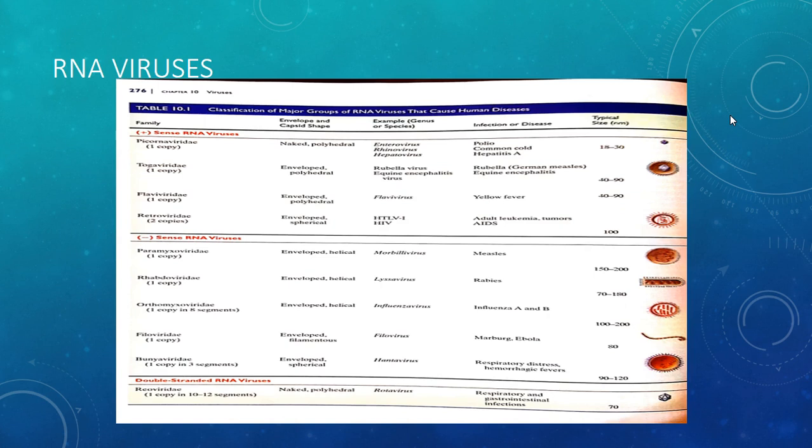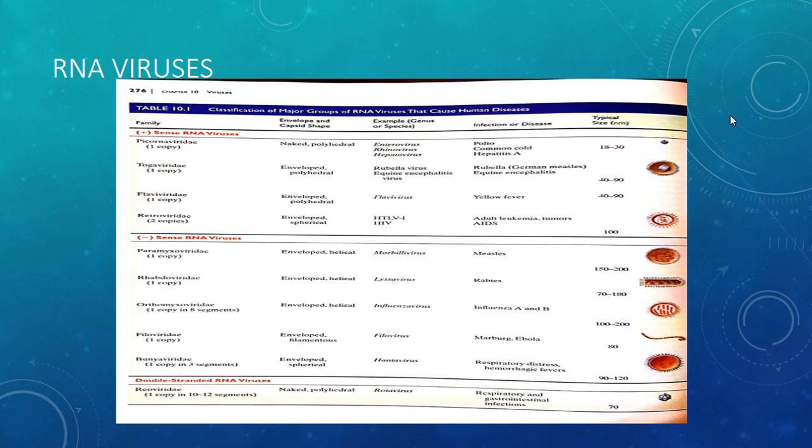The first one in this series is paramyxoviridae. Paramyxoviruses, the param is coming from Latin word meaning near, and myxo is a Greek word for mucus. They are medium-sized, enveloped, negative sense RNA viruses with a helical nucleocapsid.